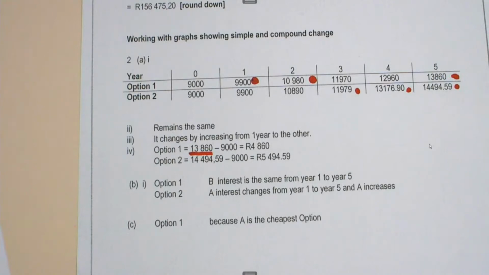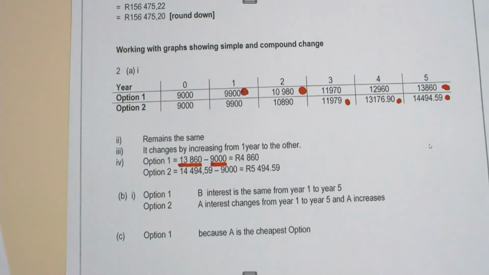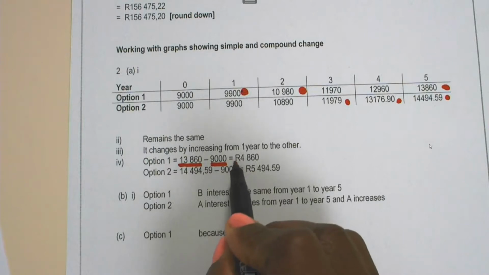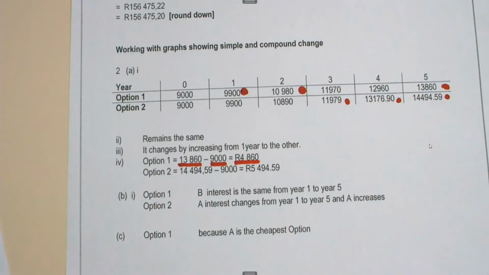And the amount of money that Fikile borrowed is 9,000 rand. At the end, when we subtract the two, we will see that Fikile is supposed to pay an interest of 4,860 in 5 years' time.